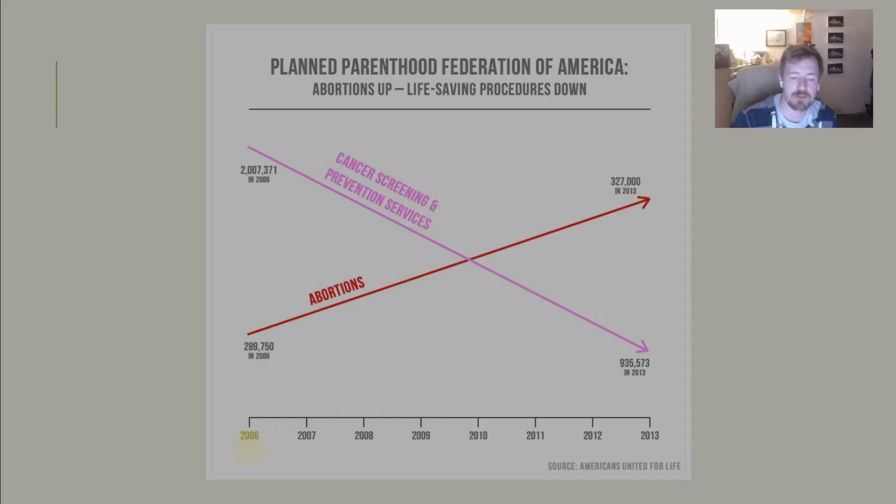But you can see here from 2006 to 2013, it looks like abortions are on the rise and cancer screenings are on the wane. But again, always pay attention to the axes, right? Because here we have this over here is 2 million, and this is 900,000. And here we have 289, and this is 327,000. So obviously whoever made this graph is trying to deceive you, right?